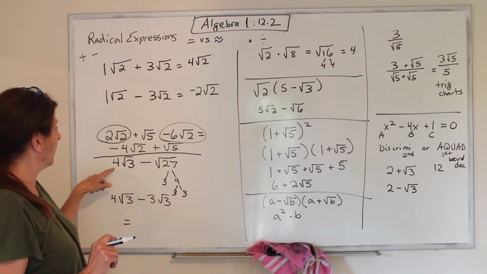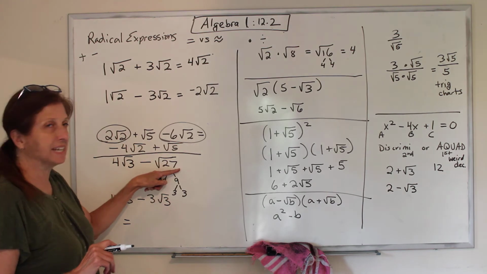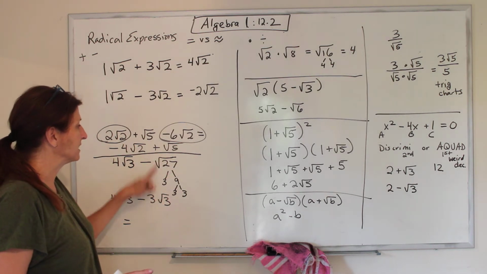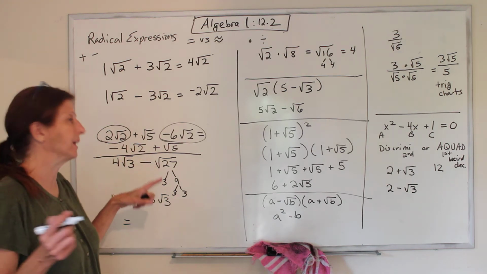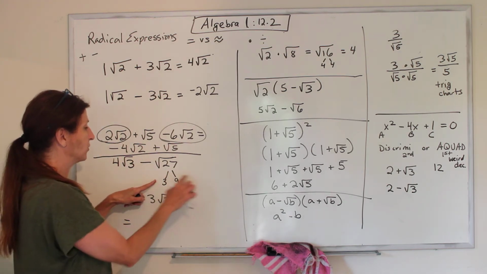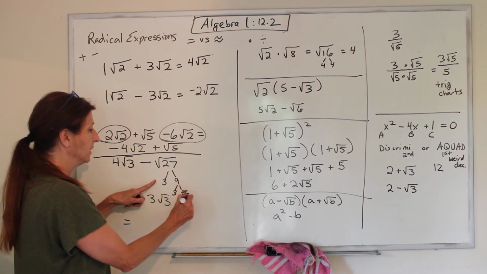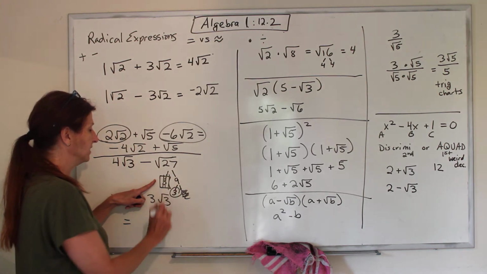What about this one? 4 times the square root of 3 minus the square root of 27. It appears we can do nothing, but wait. We can simplify this. We can see if anybody can get out of jail and see if we can do something. 27 is 3 times 9, and 9 is 3 times 3. This one gets dissolved in acid, that one gets out, that one stays in jail.